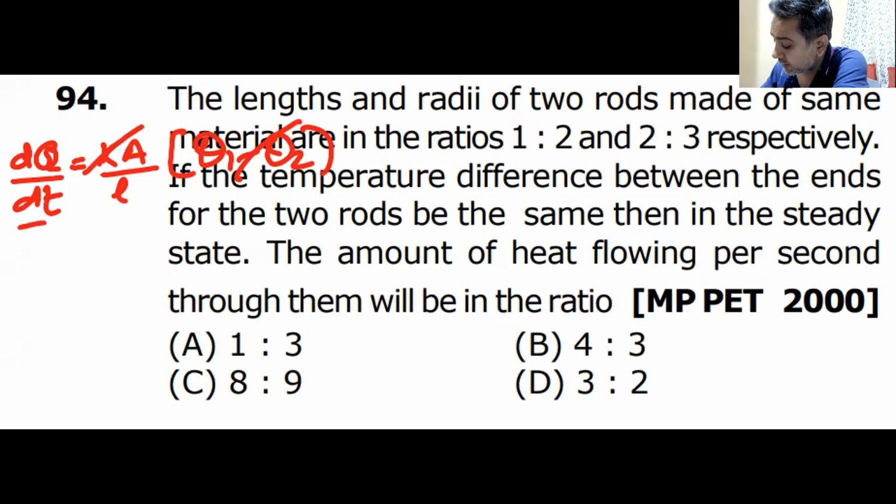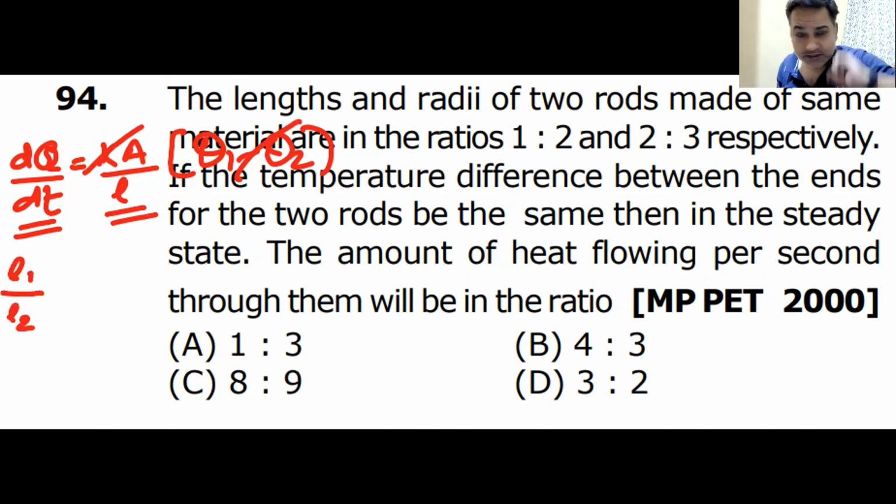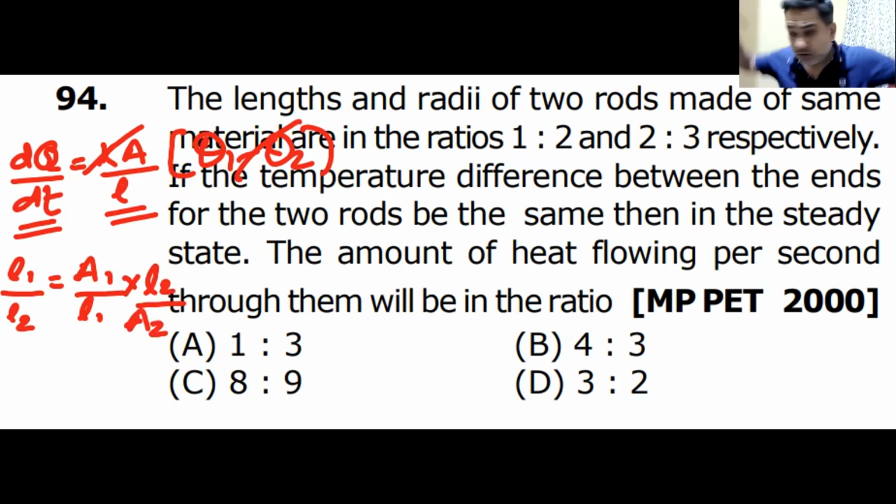So now my heat current is proportional to A by L. So you just have to find the ratio of A by L. Heat current 1, let me call it I1. The ratio of heat currents I1 by I2 will be equal to A1 by L1 divided by A2 by L2. So it will become multiplied by L2 divided by A2. Do we understand this?